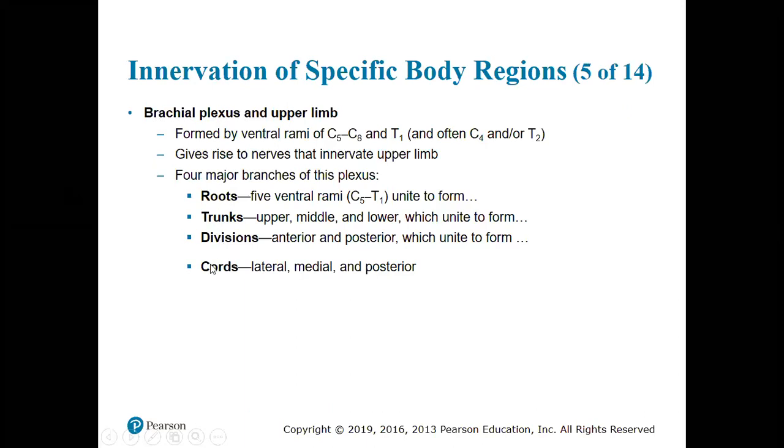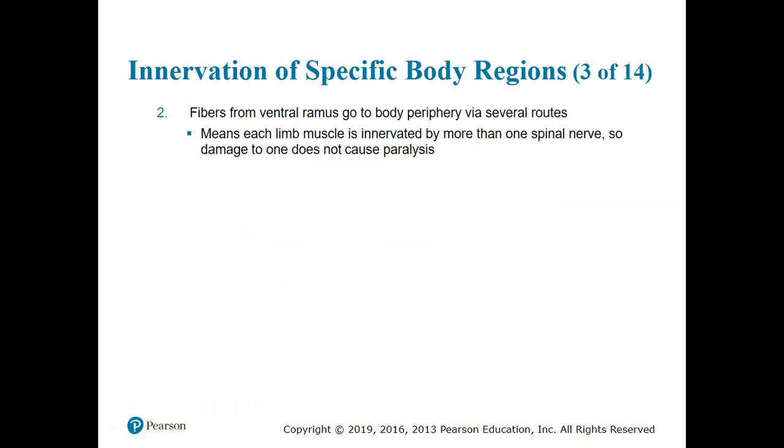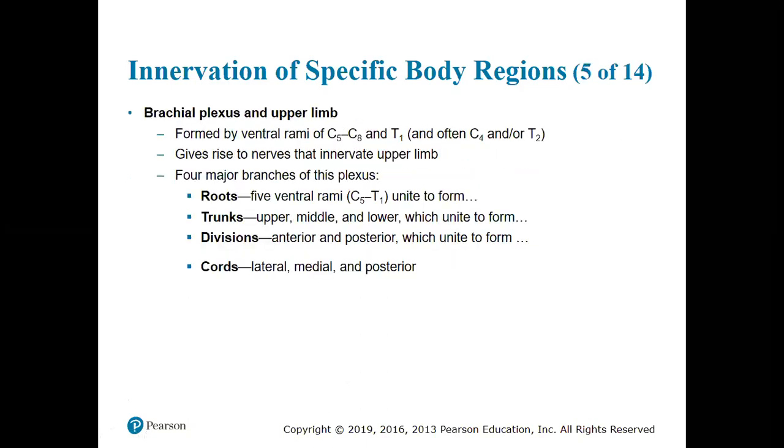Now, what is confusing here is that it says four. Within the division, they're showing you the anterior and posterior. Don't get confused when you look at this image that I'm going to show you.